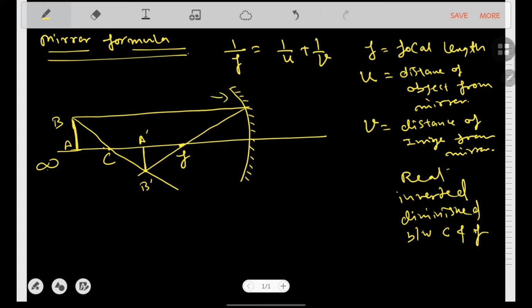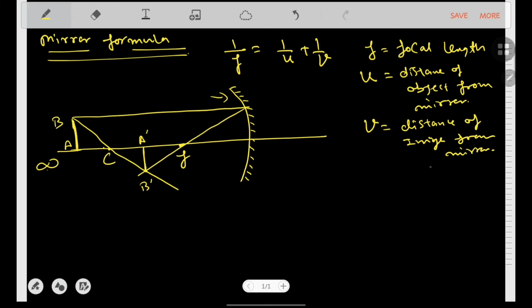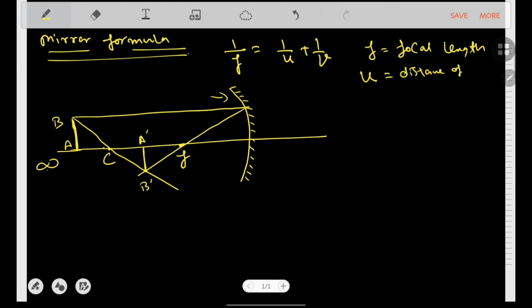So let me remove this one because now we have understood how this case will be formed. The usual meaning also I have removed, because we get to know what U, V and F are. Now we know, when we take the practical mirror, this is approximately a kind of straight one.